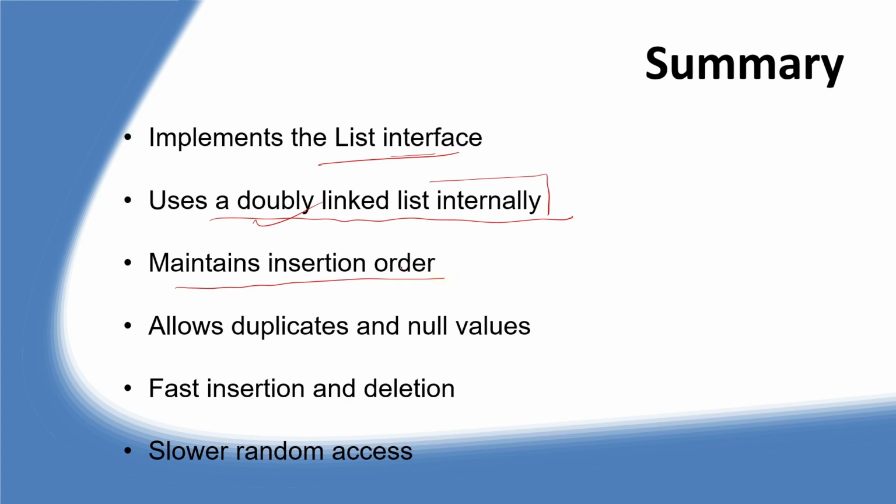That means the order in which elements are inserted is the same order in which they will be retrieved. It allows duplicates and null values. It offers fast insertion and deletion, because change of reference makes insertion and deletion easy. And slower random access, because we need to traverse through each node in order to get its value.